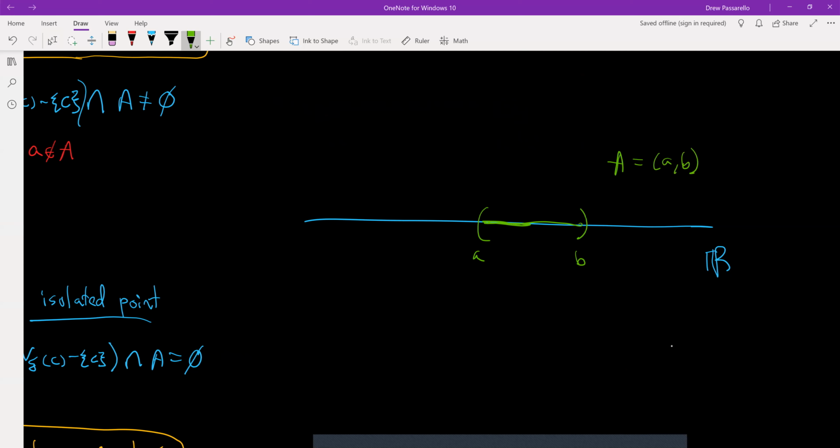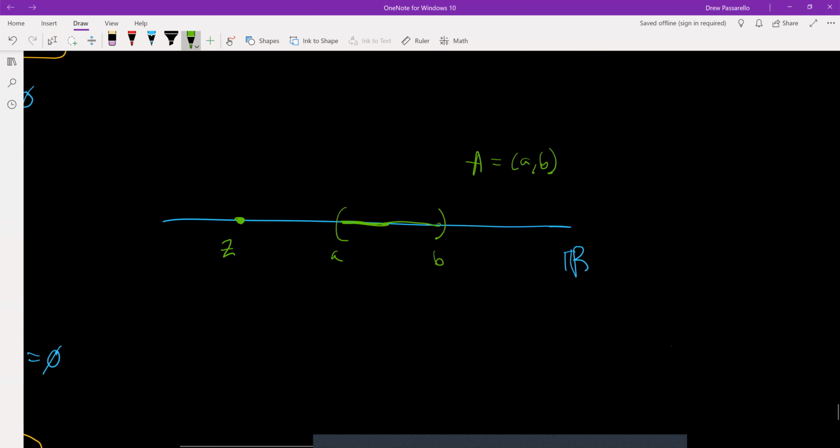And then let's say you have some point out here, and I'll call that point Z. So then A is the union of this open interval (a, b) and the singleton Z. Now, this value Z is going to be our isolated point, and Z is a member of A.